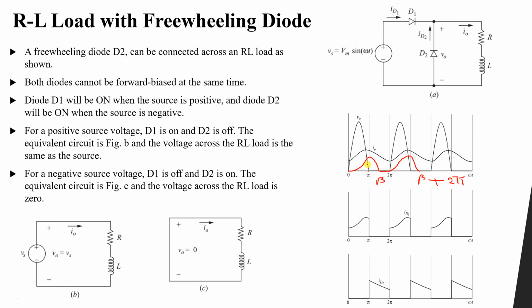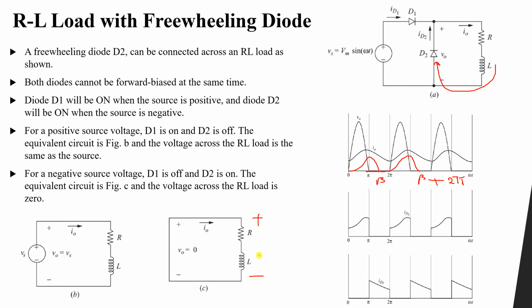So here from pi to beta, the inductance will give stored energy through D2. So this one will be a short circuit, and the circuit will be like this. So the voltage across the output will be equal to what? Equal to 0, since it is parallel to a short circuit. So during this part from pi to beta, it will be 0.